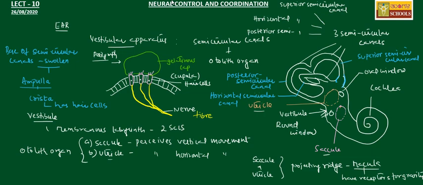Bending of the hair cells results in depolarization, and that results in generation of action potentials that pass through the nerve fiber. This will be the vestibular nerve. Here is the ampullary region, and this region has the crista which I have shown here.